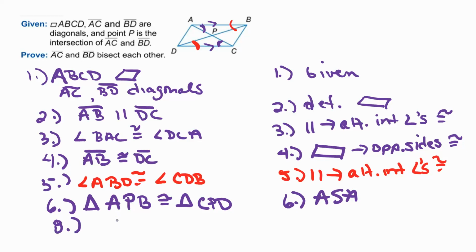Because of that, I can now say that BP is congruent to PD and AP is congruent to PC.